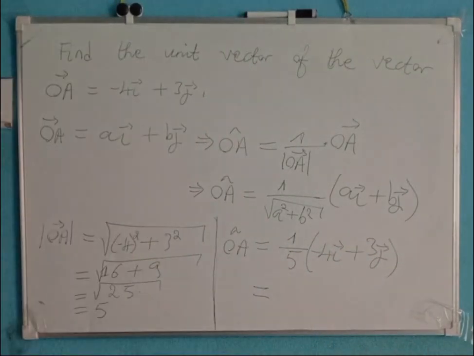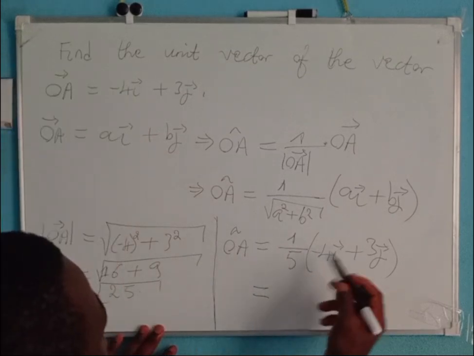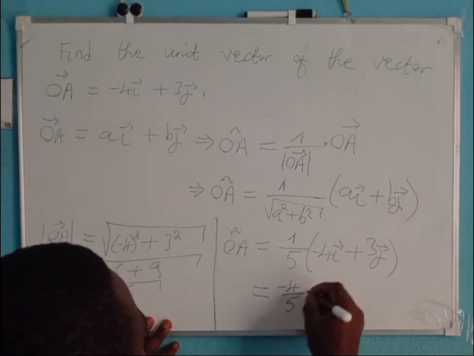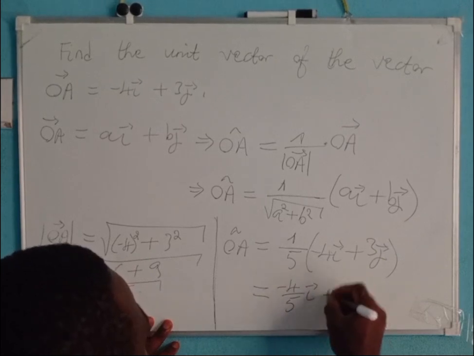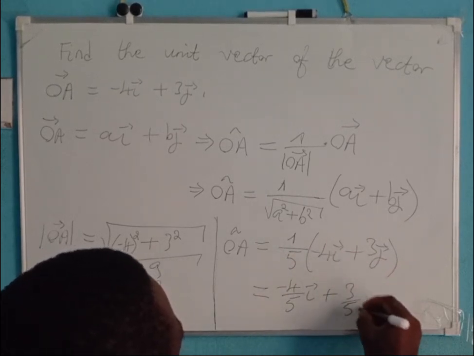We are multiplying the vector by a scalar, so we simply multiply the components of the vector by the scalar. 1/5 times negative 4i gives us negative 4 over 5 i, plus 1/5 times 3j gives us 3 over 5 j.